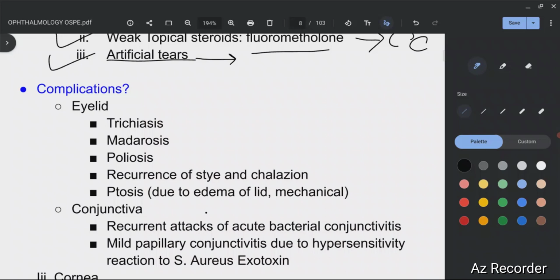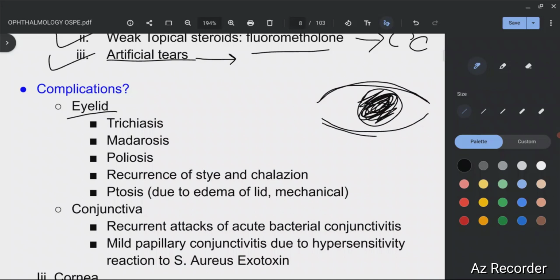In the eyelid you can have trichiasis. Trichiasis is simply the misdirection of your eyelashes toward the globe. Let me show you this. This is the eyeball, and these are your eyelid margins, and on the eyelid margin your eyelashes are like this, right?